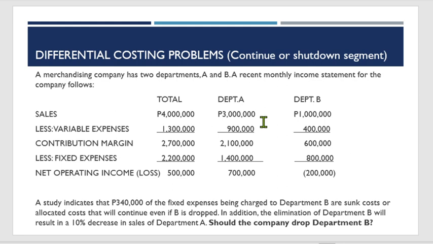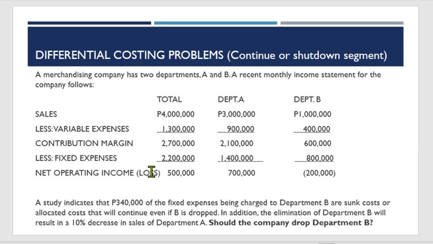Kapag dinrop natin si Department B, tingnan mo muna ngayon, the total net income is 500,000 nung nandyan si B. Kasi 700,000 income kay A, tapos loss kay B, kaya nabawasan. Naging 500,000 ang net income. So, i-total approach natin, we compute for a scenario wherein we drop or discontinue or shut down Department B, ano ang total effect niyan doon sa merchandising company.